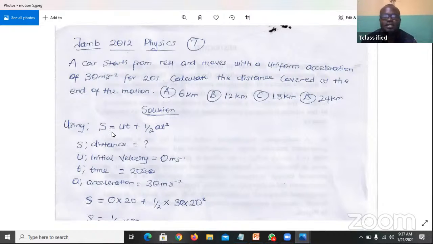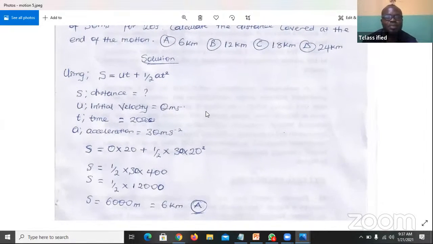So S is already the subject of the formula. U is 0 times T, which is 20, plus half A, which is 30, times T squared, which is 20 squared. So you have 0 times 20, making this 0. You simply have half times 30 times 20 squared. 20 squared is 400.